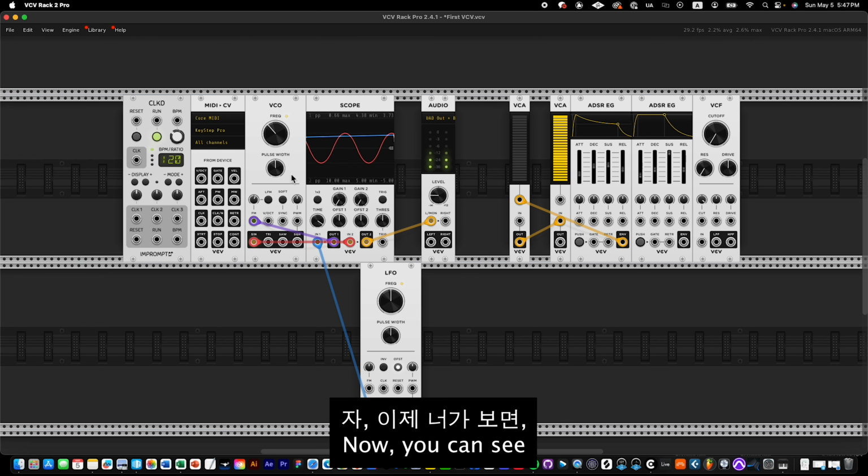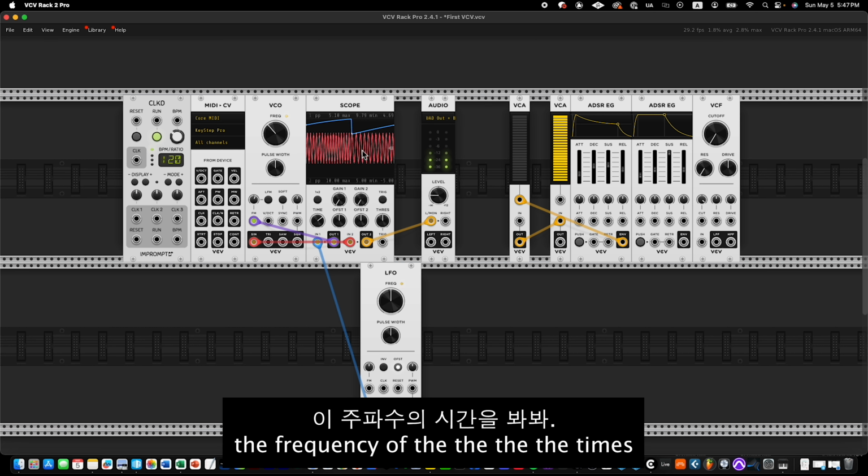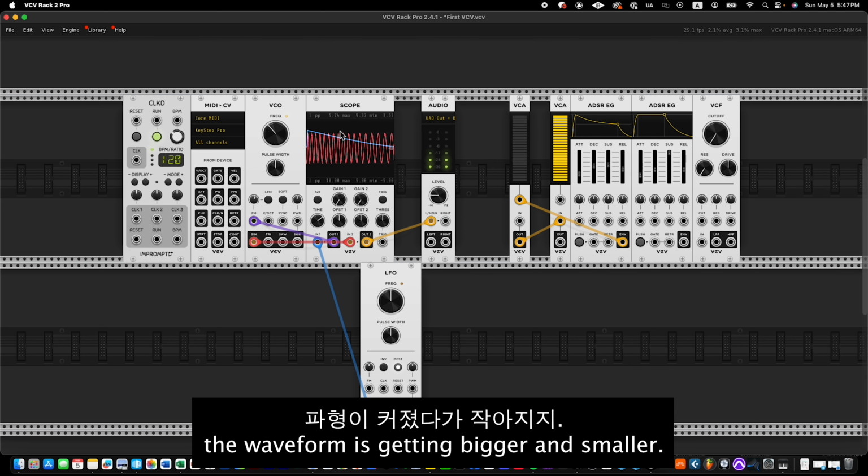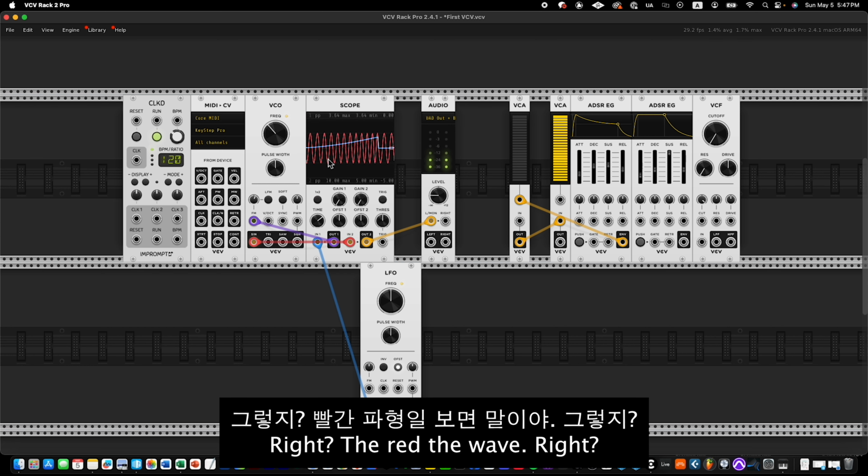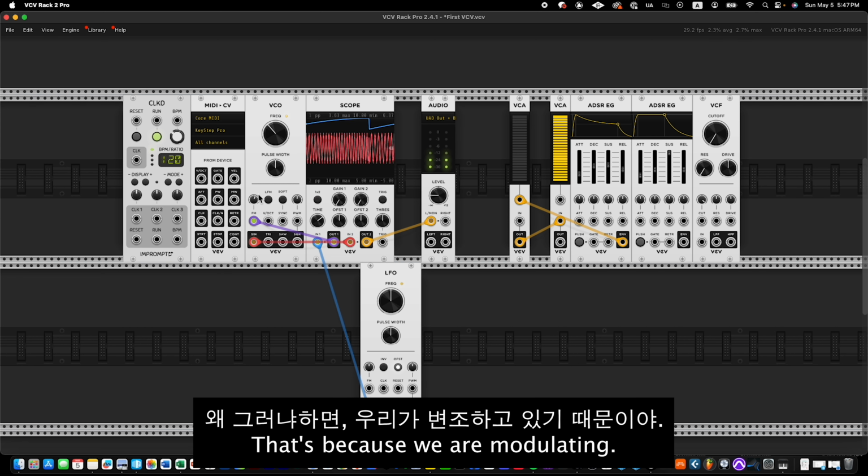Now, you can see the waveform is getting bigger and smaller. The red wave, that's because we are modulating.